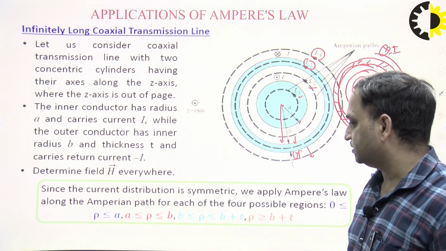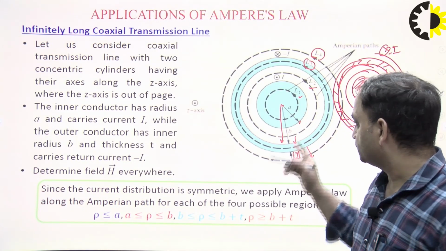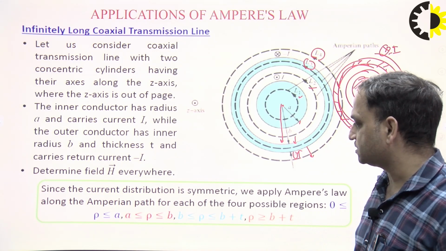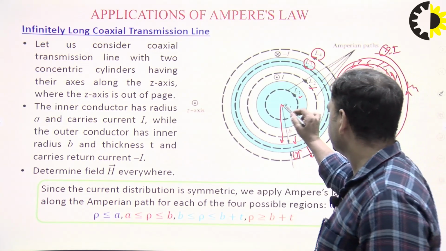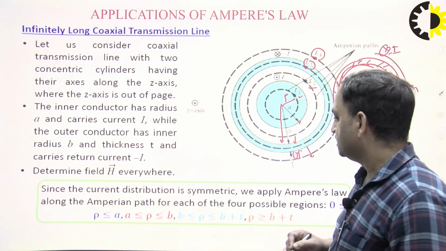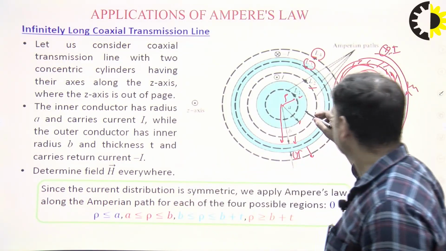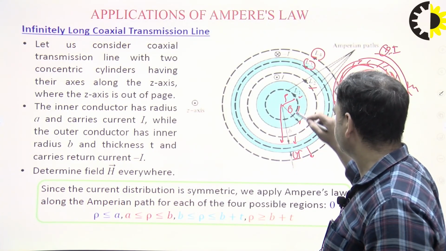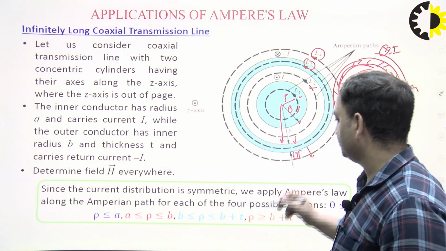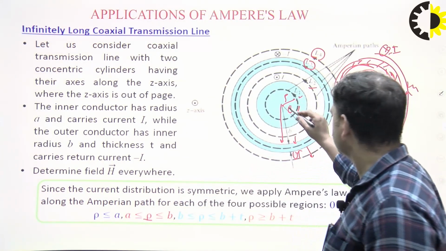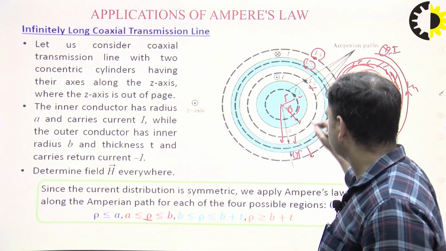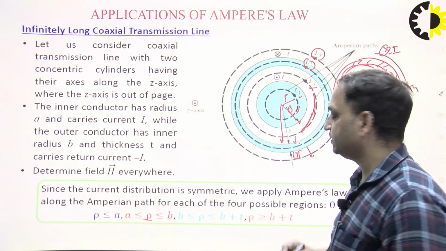When we take this as a cylindrical coordinate system, we are taking rho as the variable. So rho will be less than A, right? This is the first Amperean path. Second, we take rho from A to B, because this one is A and this one is B, so in between we take the L2 path.